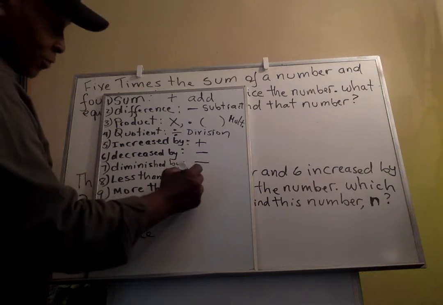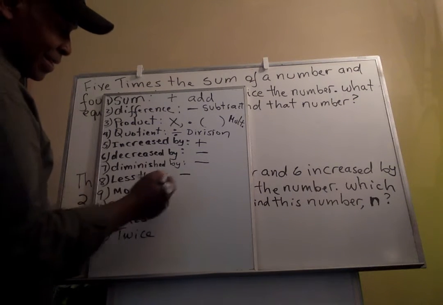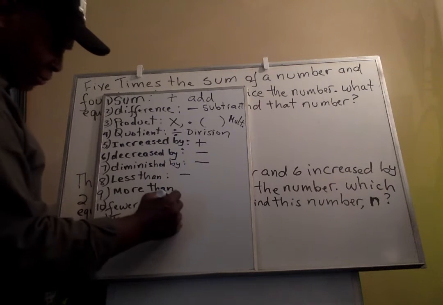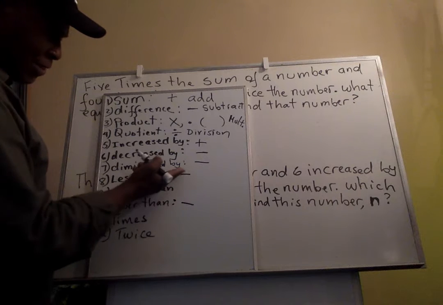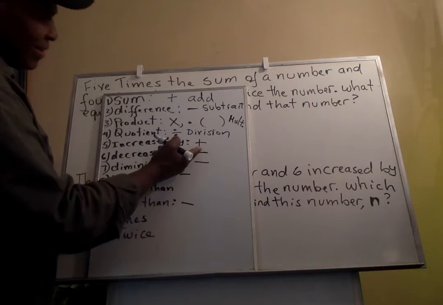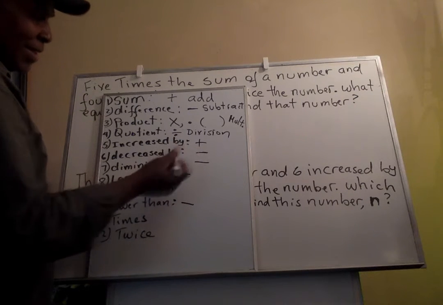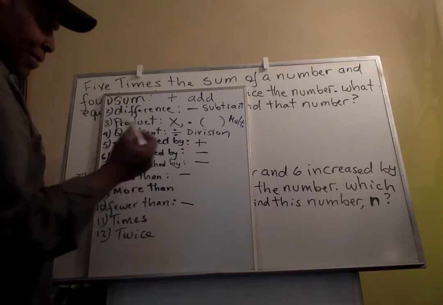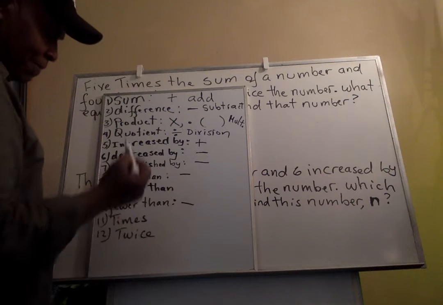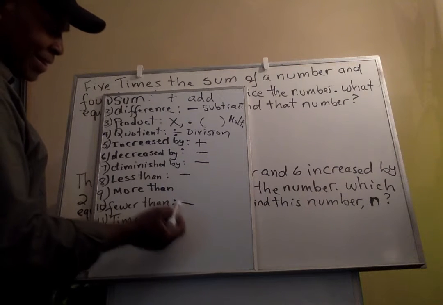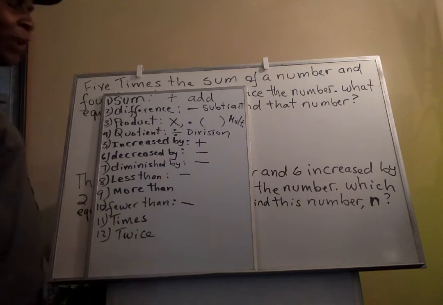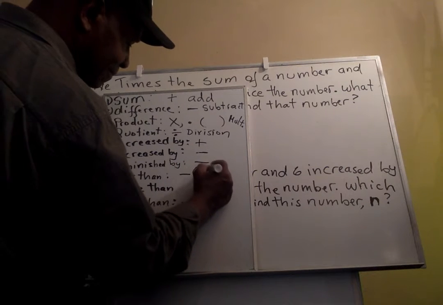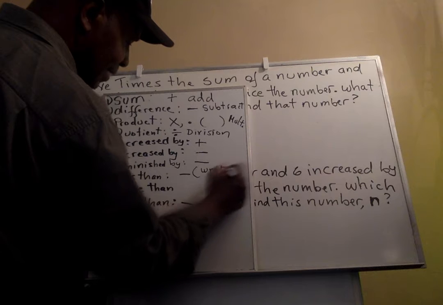Less than is also subtraction. But you see, there is something special about these two. Fewer than is also subtraction. But there is something special about this that's not special about these two. Decrease means subtraction, diminish means to subtract, less than means to subtract, fewer than means to subtract, but these two, you have to write it backward.